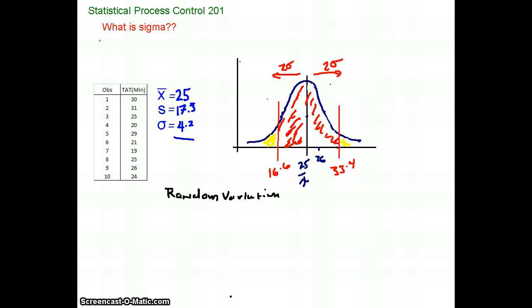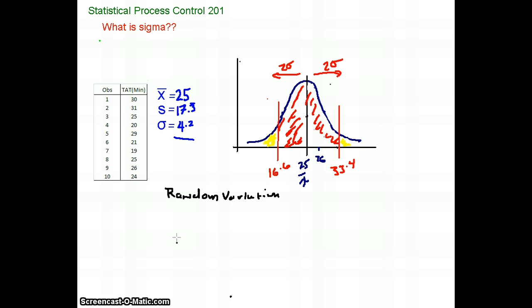There were more frequent observations closer to the mean and rarer observations away from the mean. This is part of nature. It's part of the nature of business, part of the nature of processes. Nothing gives the same exact, precise result every time you do it. We calculate sigma to understand exactly how broad the random variation is.